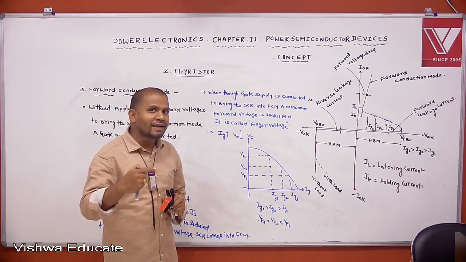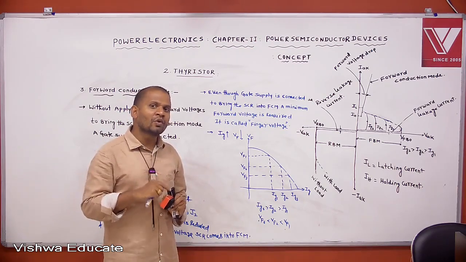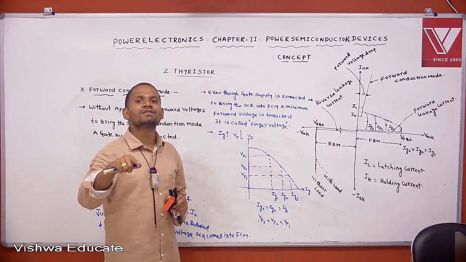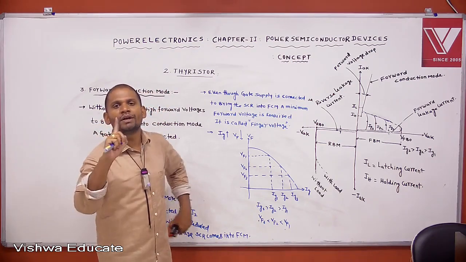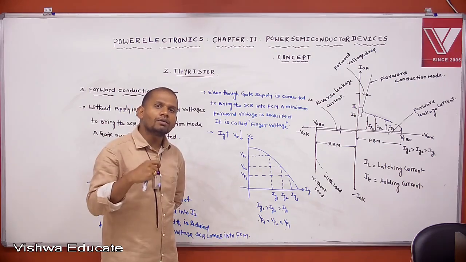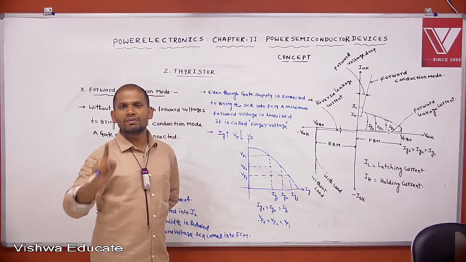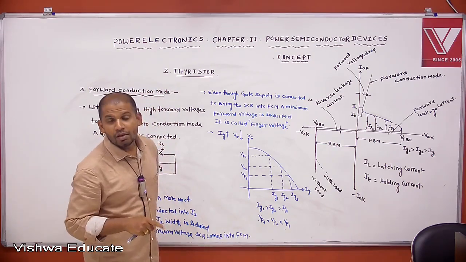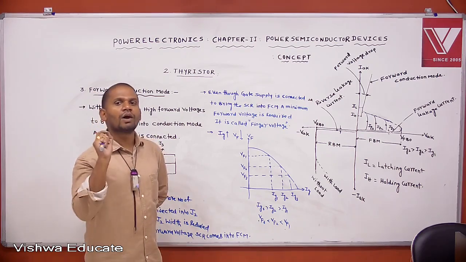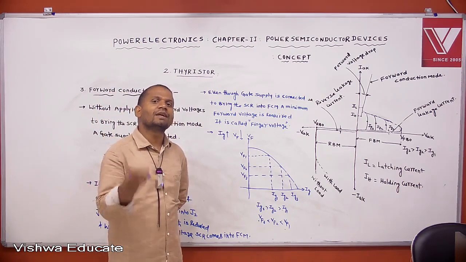Once the SCR is conducting, J1 is closed, J2 is closed and J3 is closed. If all the junctions are closed, are they forward biased or reverse biased? Yes, all the junctions are forward biased. Very important observation: during the conduction of SCR, all three junctions are forward biased. That is one point to remember.